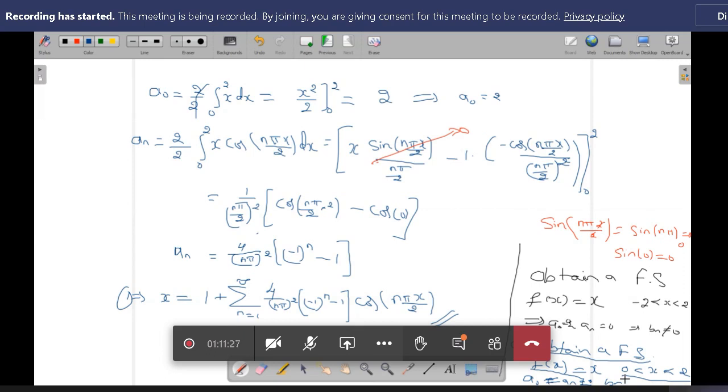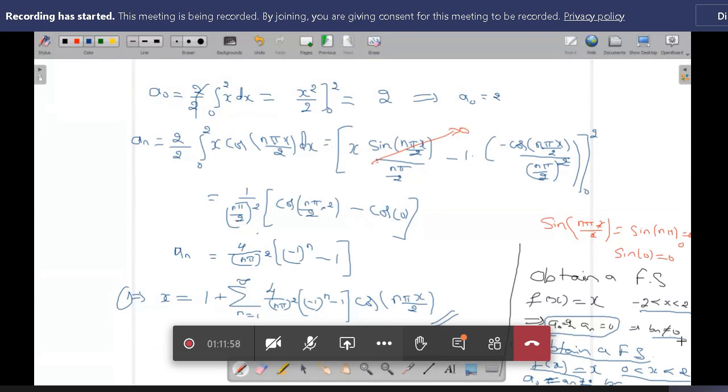Doing this, some terms may become 0, but I cannot say. Whereas for the same question defined earlier in the interval minus 2 to 2, you can easily test whether it is even or odd, and based on that you can reduce the calculation of a0 and an, and directly go to bn.